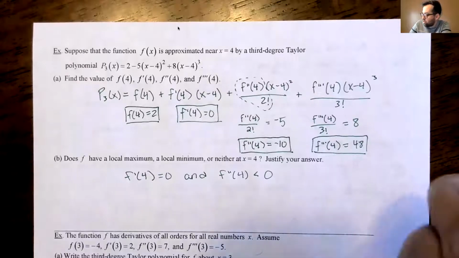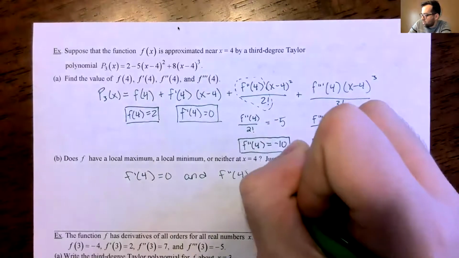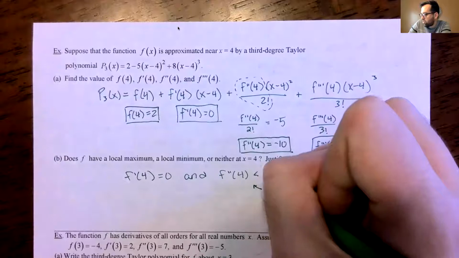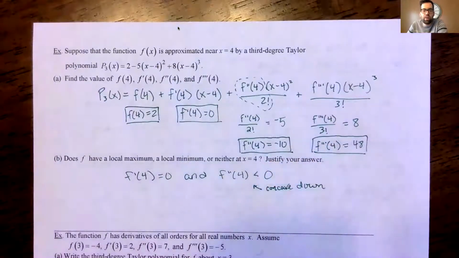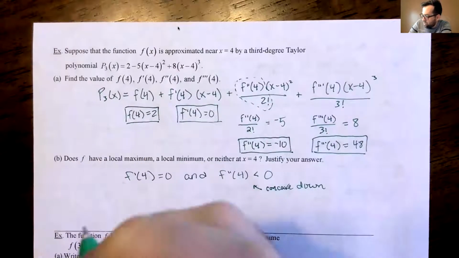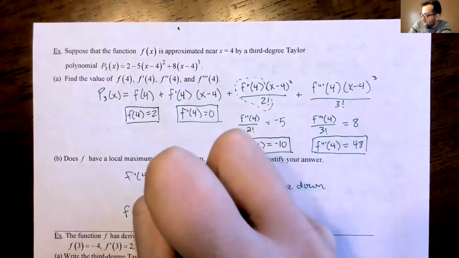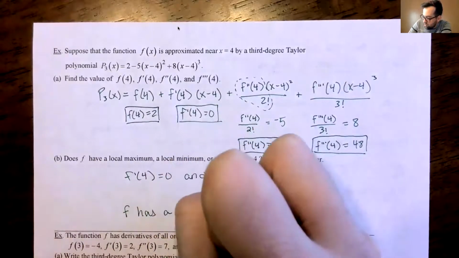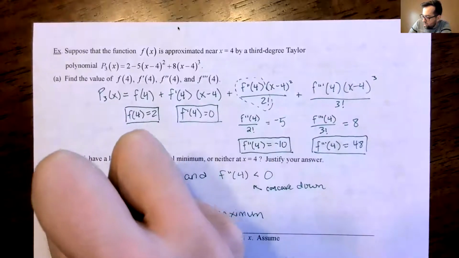And when the second derivative is less than 0, that tells us that we are concave down. So the only way to have an extrema when we are concave down is if it's a maximum. So that is a property from Calc AB. We can say that f has a local maximum. And I'll say therefore at the beginning of that.